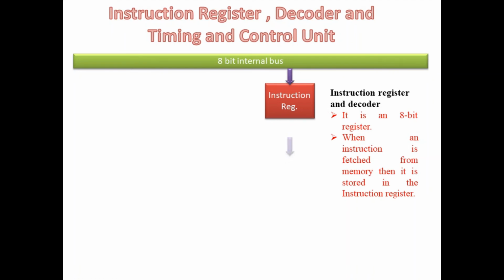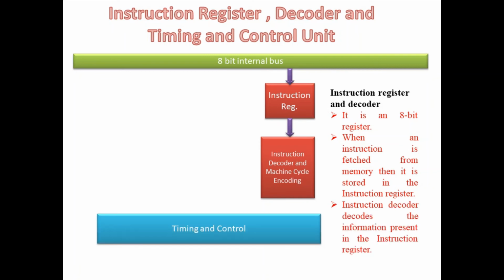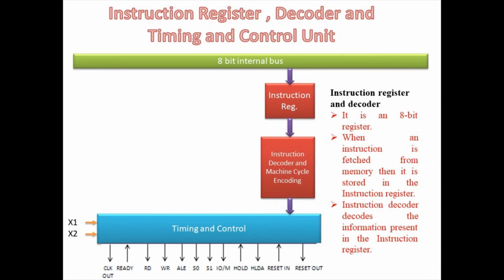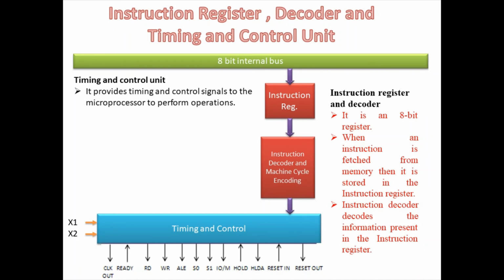The instruction register decodes the instruction and generates machine cycles, timing and control signals, such as clock signals, ready signals, HOLD and HLDA signals, and reset signals. Let me show that here.